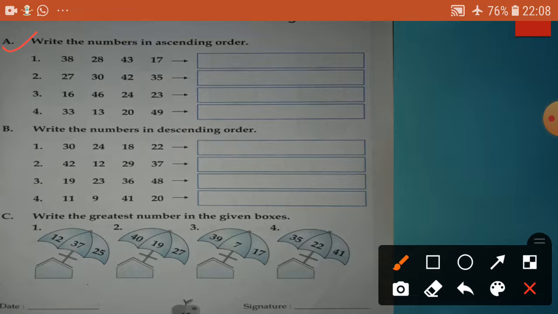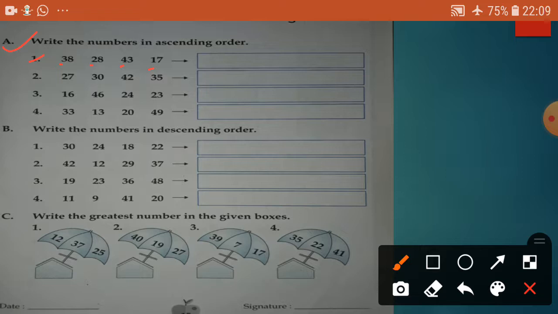So you see ones and tens. Ones, you see here, 8, 8, 3, 7. Okay. Tens, see here, tens is different. Number 1 ten, 4, 2, 3.